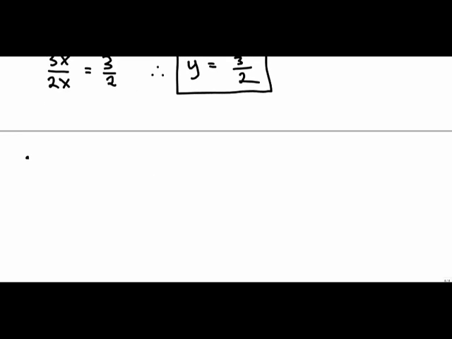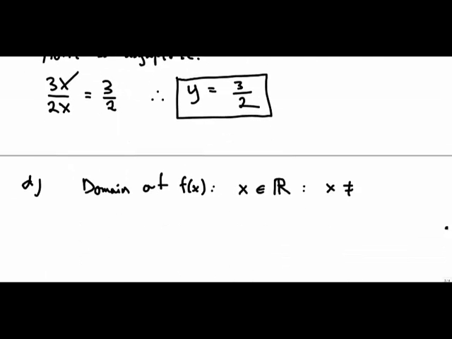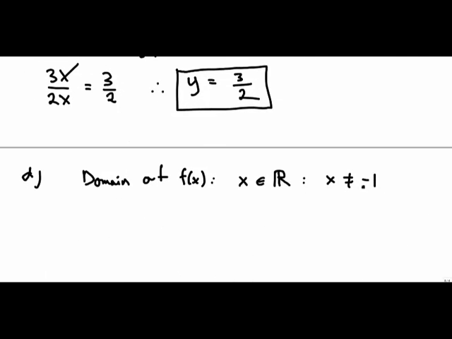So we're just going to write D, the domain of f of x. All values of x, all real values of x, but x cannot be equal to minus 1. All other real values are fine.